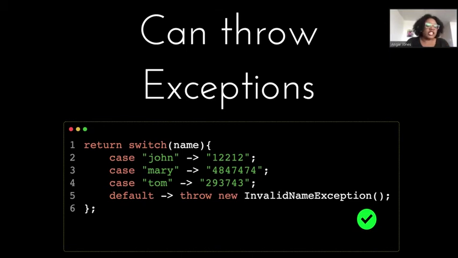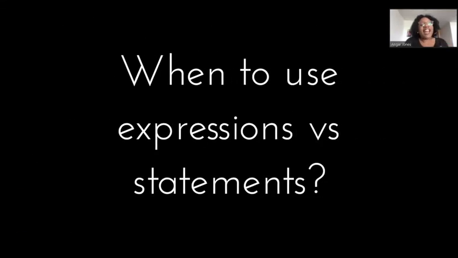Now, here is a good case where it makes sense to throw the exception because none of the customers here were given. It was given some name I don't know, so I throw an exception. But it doesn't have to be just the default case. You can do it in any of these cases. So with John or Mary or Tom, any case, you can throw an exception and then you can continue on with values for the other cases as well. That's totally valid. This is not a replacement of the switch statement.